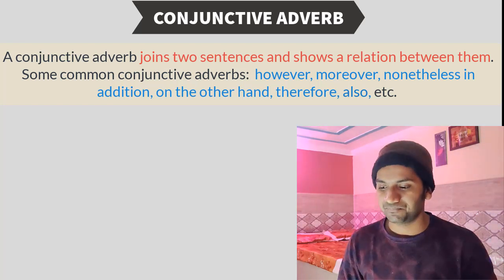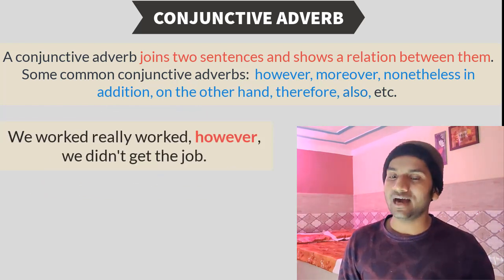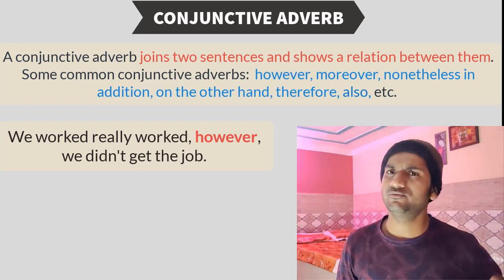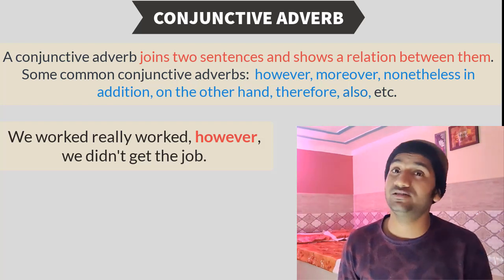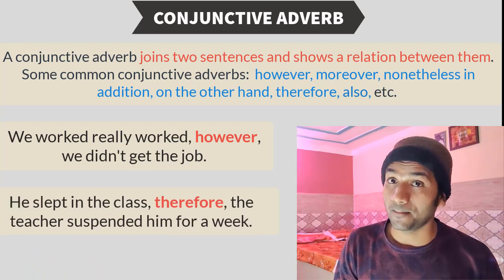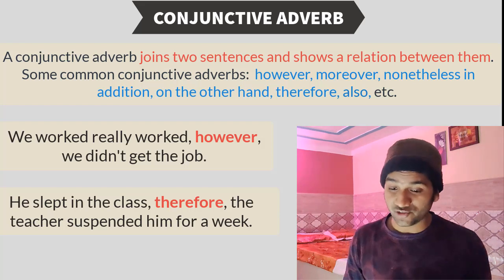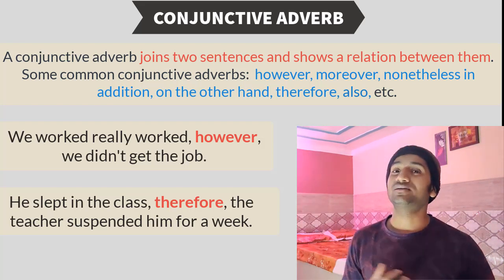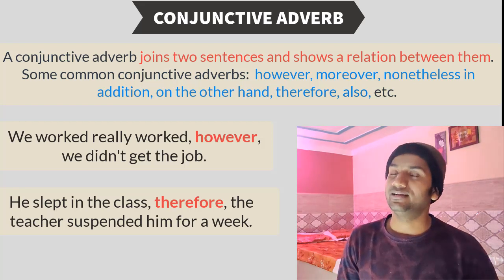Let me show you an example. We worked really hard, however, we did not get the job. So, "however" is a conjunctive adverb here, showing the relationship between these two sentences. All right, so this is what a conjunctive adverb is.